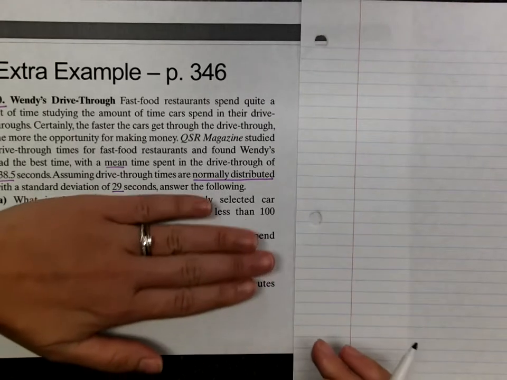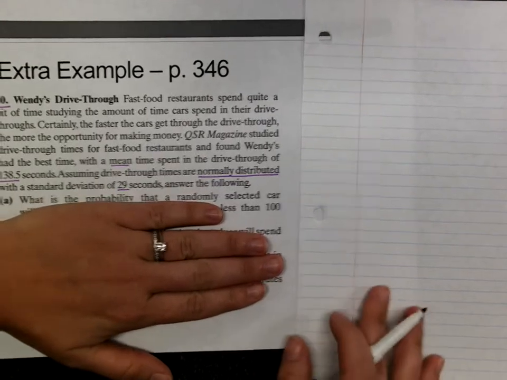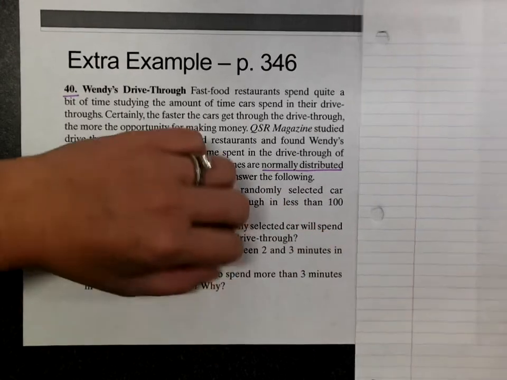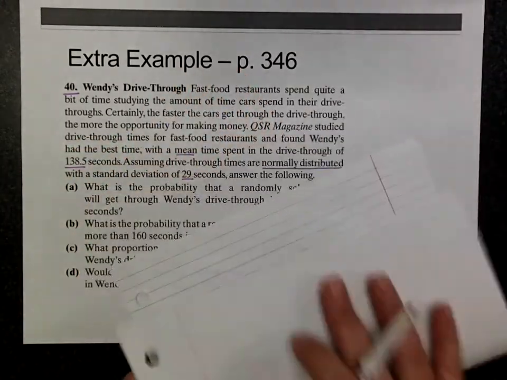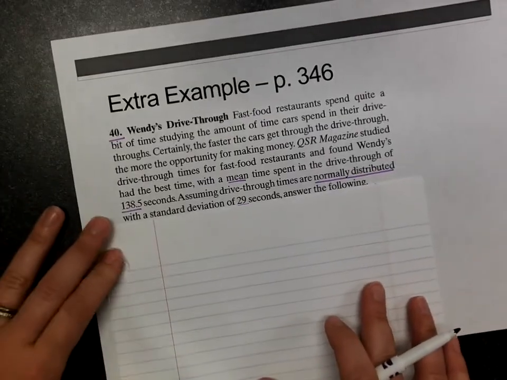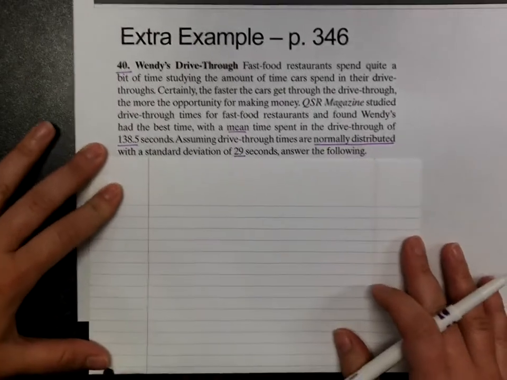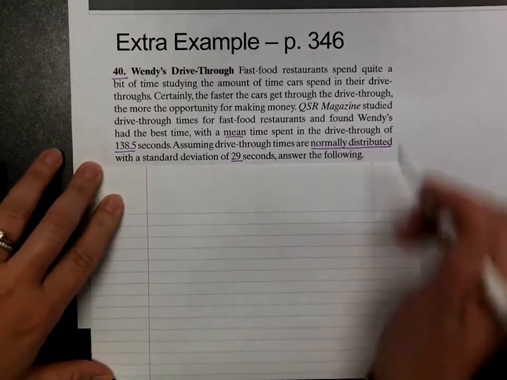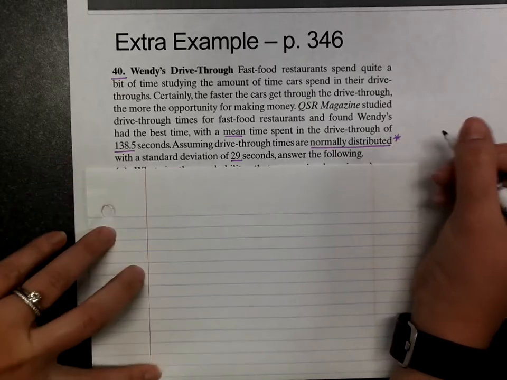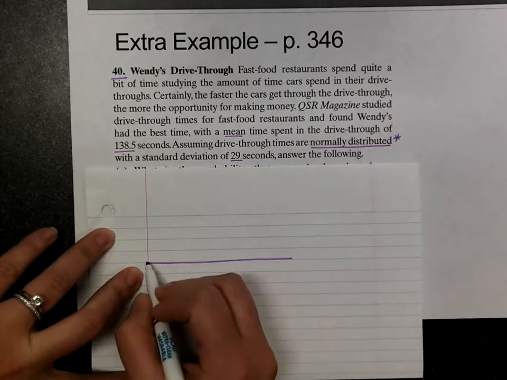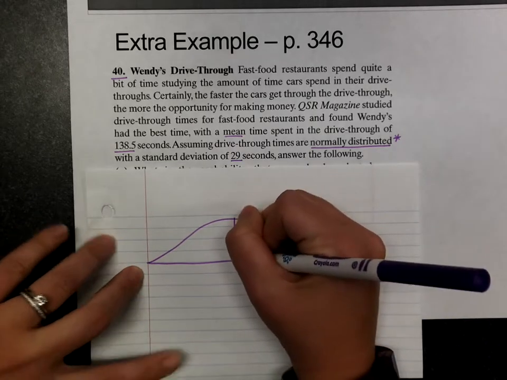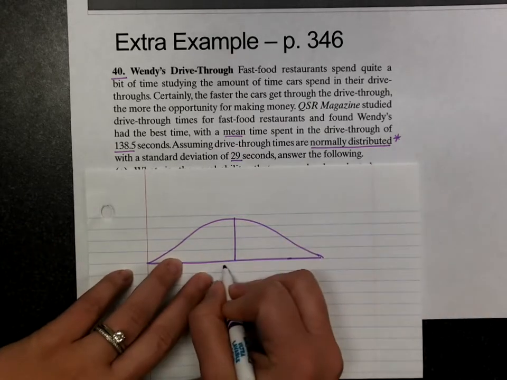So before we look at any of that, just from reading this scenario, we can make a lot of conclusions and we can actually start setting up our problem before we even know what the question is going to ask. So I'm going to cover up all that. Just given the situation, we find those keywords: normally distributed. As soon as we see that, we can draw a nice curve. Always draw these nice and big on your scratch paper so that you can see what you're writing.